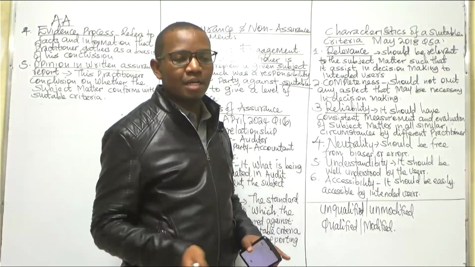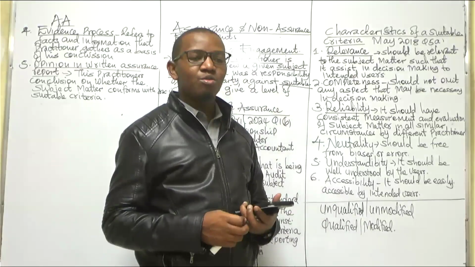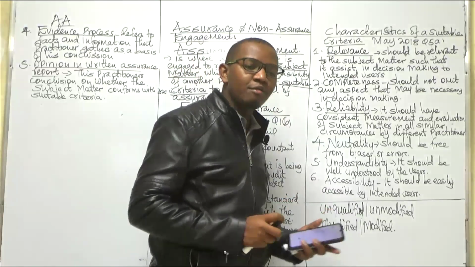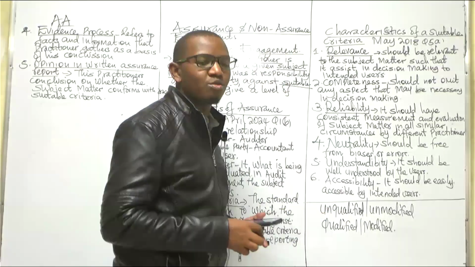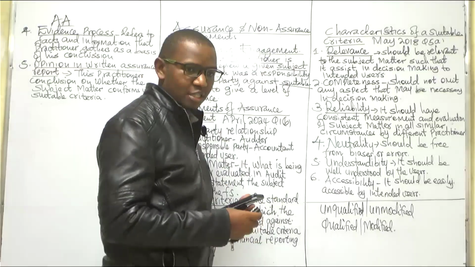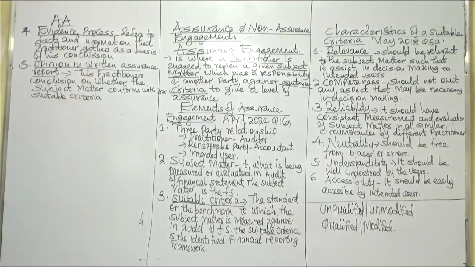When we give a disclaimer, what are the bases that the auditor used to give a disclaimer? If you are giving an adverse opinion, what are the bases that the auditor in this case will use to give such an opinion? So that is on the elements of assurance engagement.